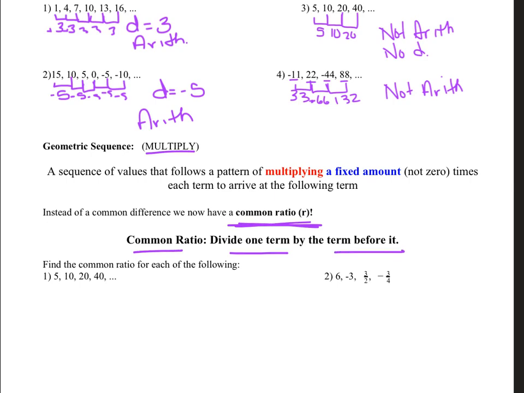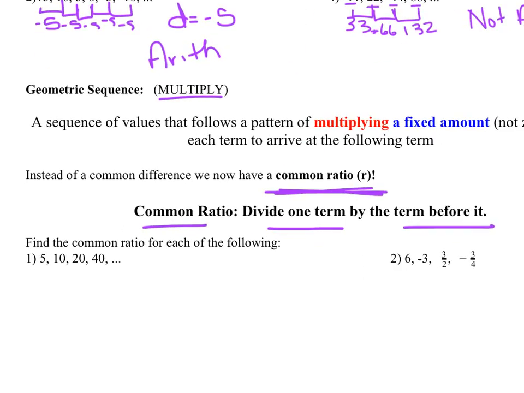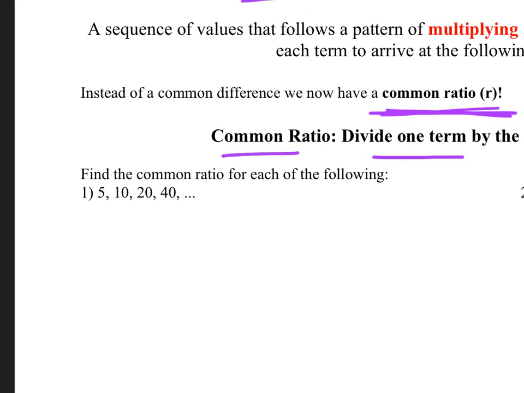Each one of these is geometric. To figure out the common ratio, we just take one term and divide it by the term before. Just like we subtracted with an arithmetic, now we're dividing. So the common ratio is 10 divided by 5, or 2.